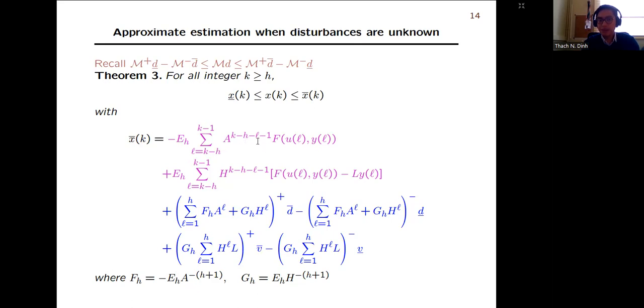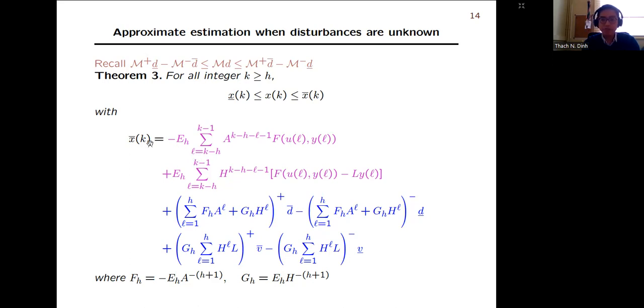We can decompose the exact estimate into two parts. The purple part is the part without uncertainties, and the second part contains all uncertainties.